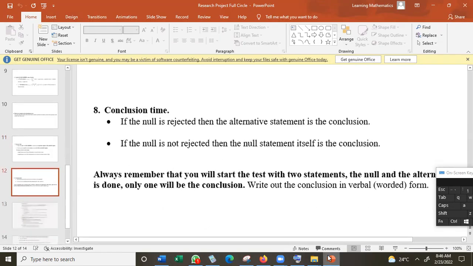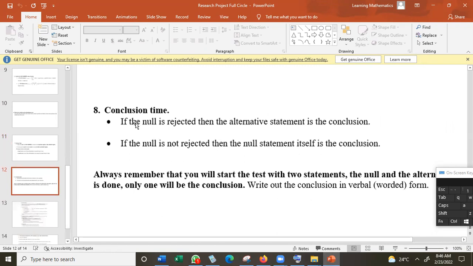So now we're going to step number 8, which is the conclusion time. If the null is rejected, then the alternative is the conclusion. If the null is not rejected, then the null itself is the conclusion. Bear that in mind. Okay, so what did we do?